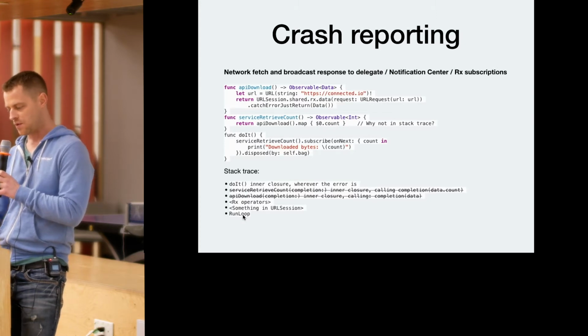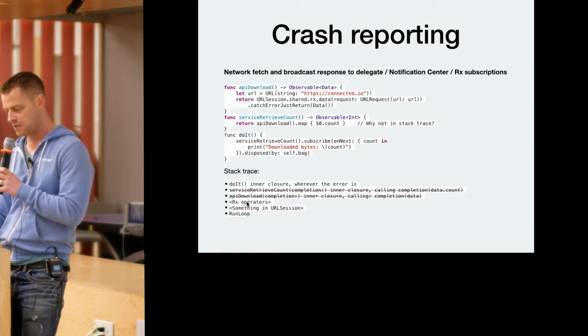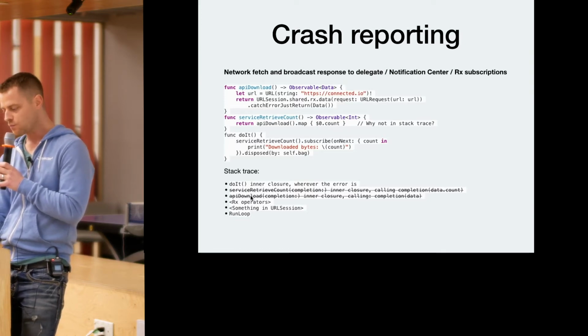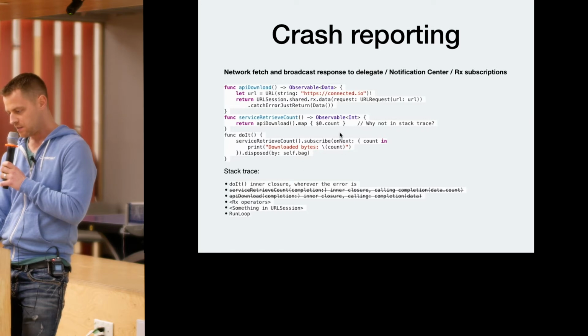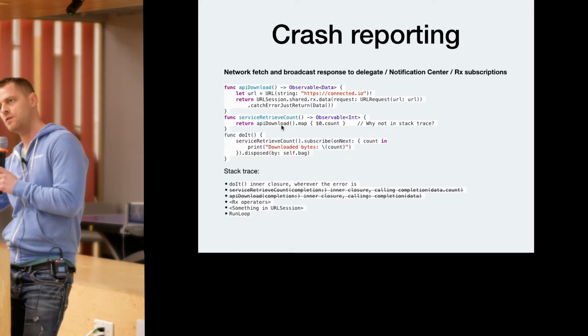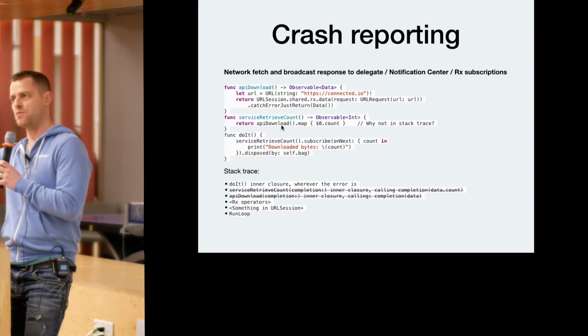So we'll see, though, there's a fundamental difference here where we have commonality at first, the run loop, URL session, and then we've got who knows how many lines of Rx operators. But then the stack trace doesn't involve any of these other layers. And in fact, even our map that's doing work, that's not in the stack trace, because as the data streams through the operator, it calls that closure and it returns, and then that result is passed through the operator chain.